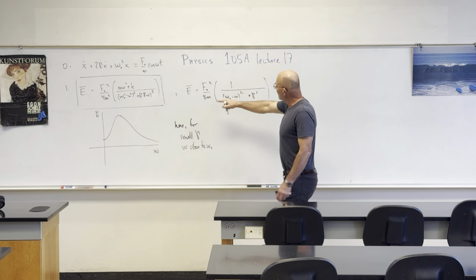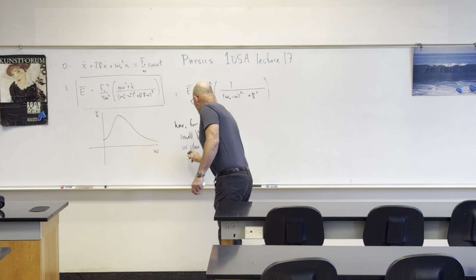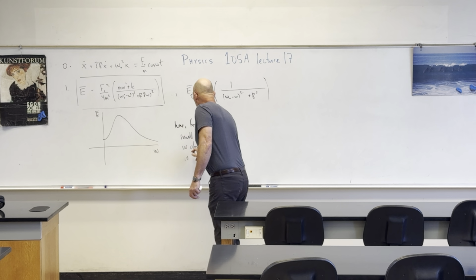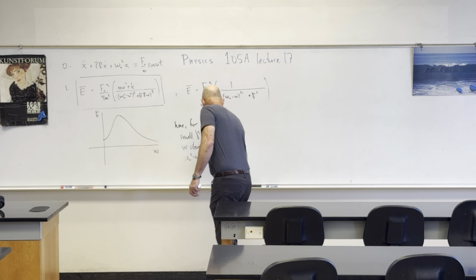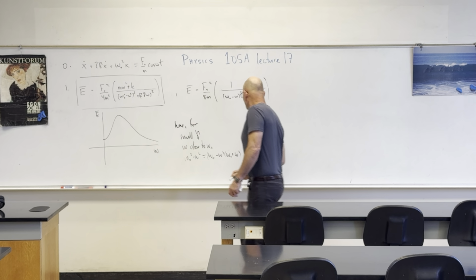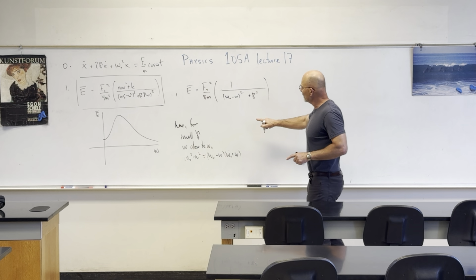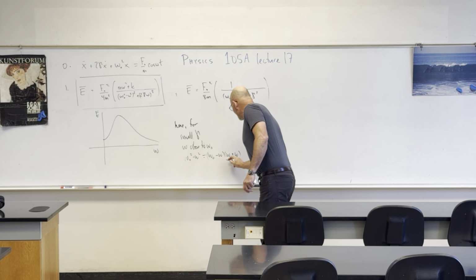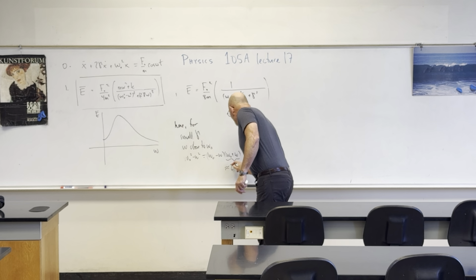And you'll look in your notes, you'll see we did some stuff like omega naught squared minus omega squared equals omega naught minus omega, omega naught plus omega. And if you're close to omega naught here, this is approximately 2 omega naught.